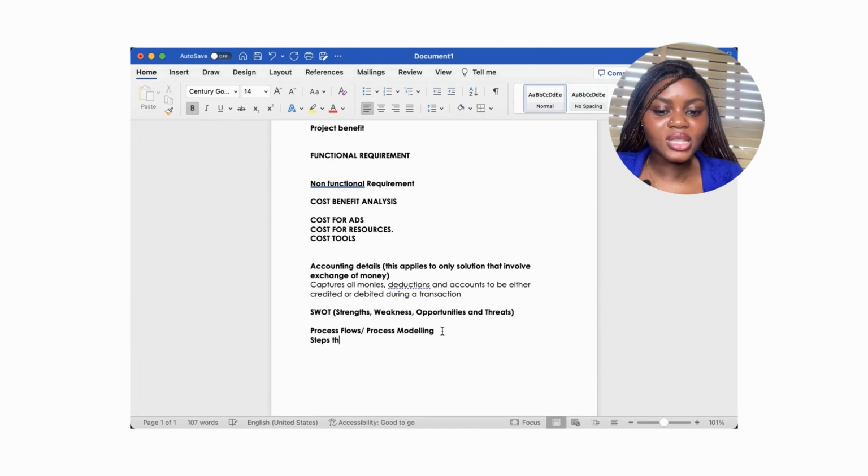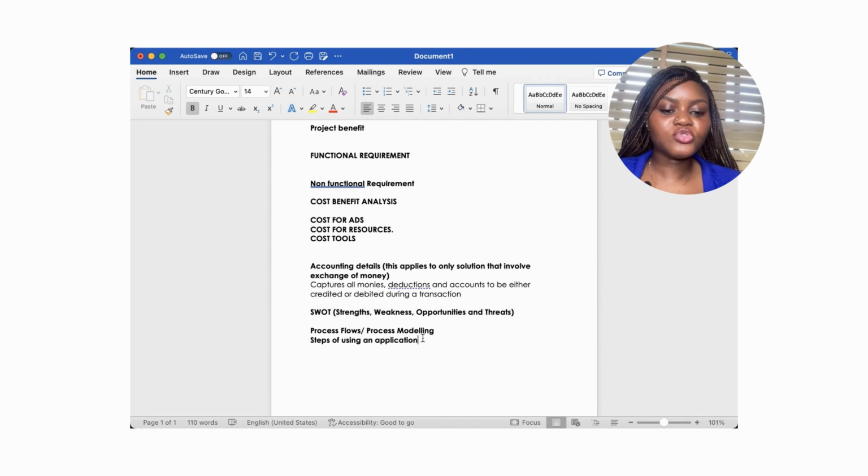Or rather, the steps of using an application.